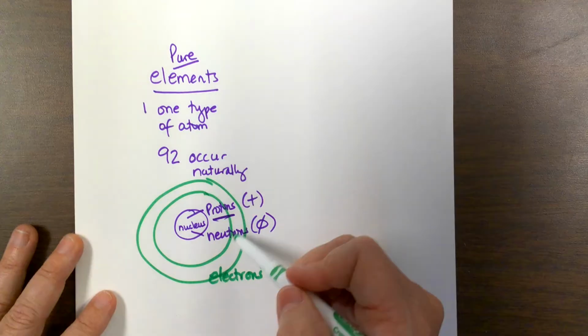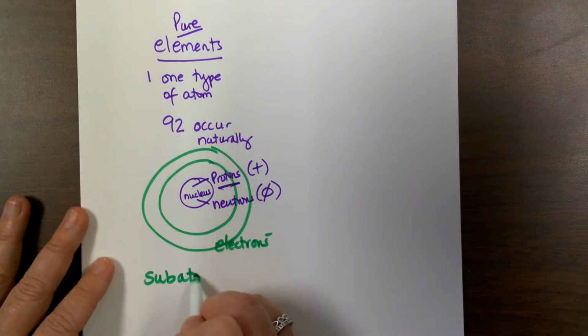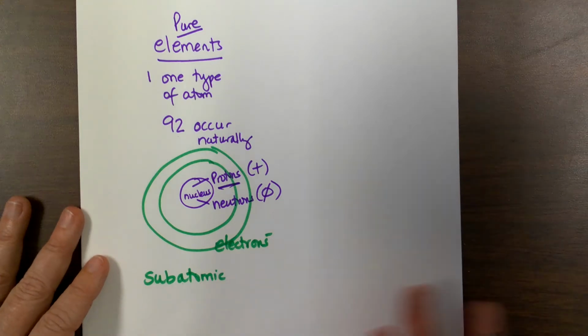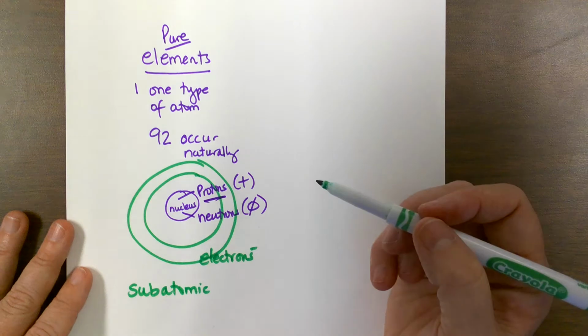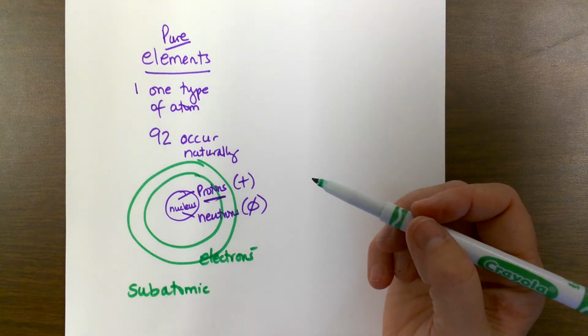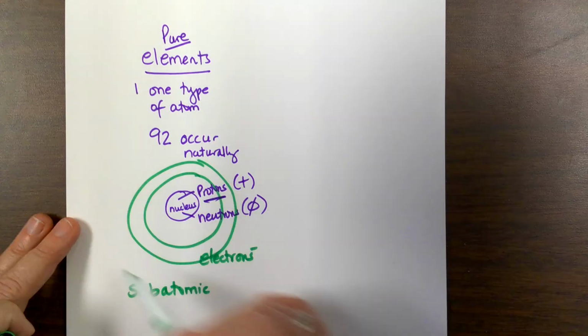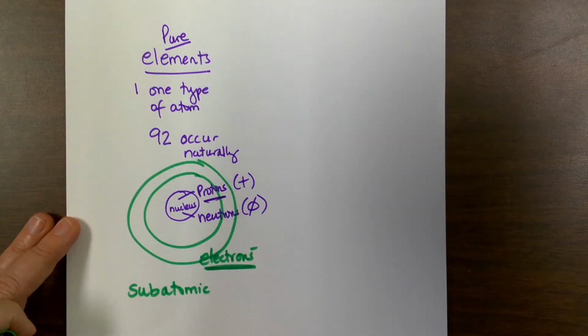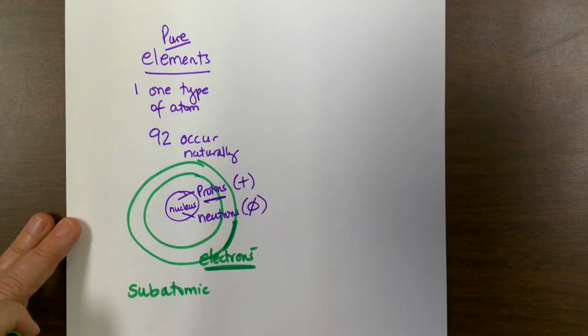Okay, and these are all called subatomic particles, because that means they are tinier than an atom. So the subatomic particles are protons, neutrons, electrons, and then there's quarks and all these other things, but we don't want to get that tiny. We're just really focusing on the electrons here, and we're especially focusing on the electrons on the valence.